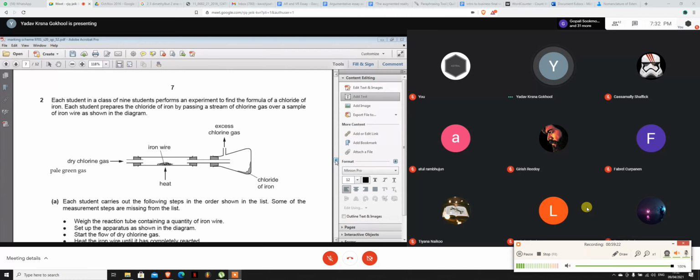So if you stop heating and stop the hydrogen gas supply, of course, air will start passing through, and air is around 20% oxygen. So your copper will be converted back to copper oxide. So please just have a look at that question.